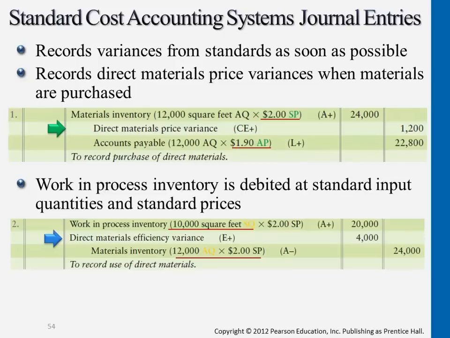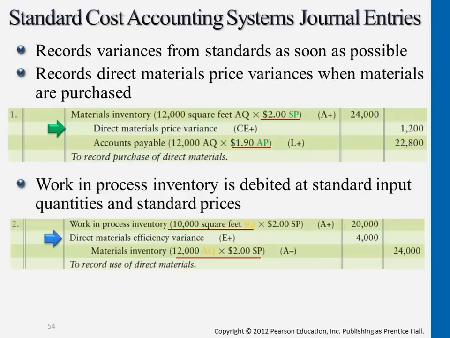So what we learn in this course is all about differences between budget and actual. This here is capturing the differences between the budgeted and actual price of purchasing materials. You see that I highlighted in red this SP, standard price, meaning originally the company was budgeting $2. That's already captured in their budgeted statement.